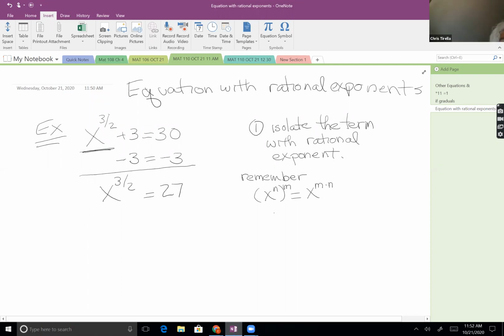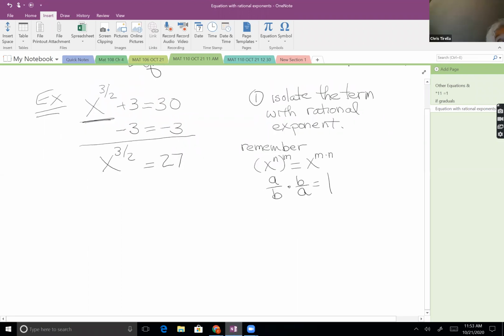And do you remember that if I multiply something by its reciprocal, I get 1? And so putting those two facts together, what we're going to do now is raise both sides of the equation to the reciprocal power.